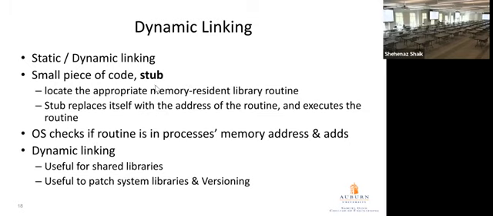And whenever the stub is referenced or called, the stub will be replaced with the actual physical memory address where the library routine is placed. So there are a couple of advantages here.